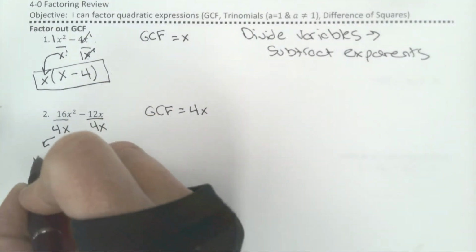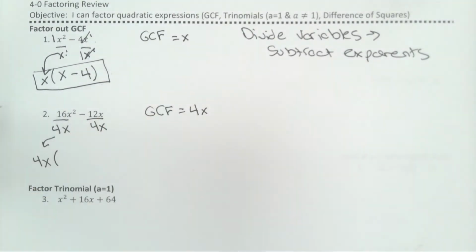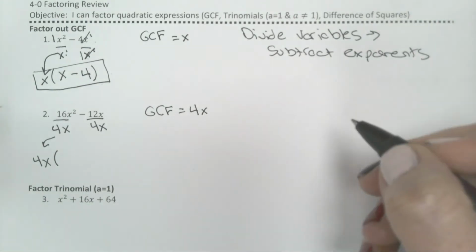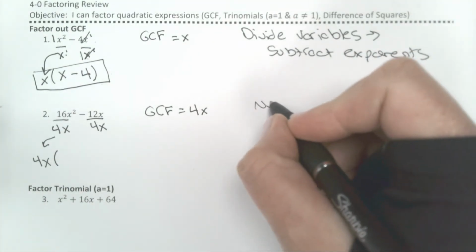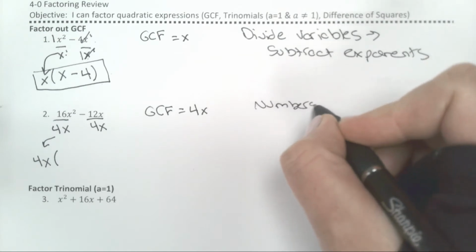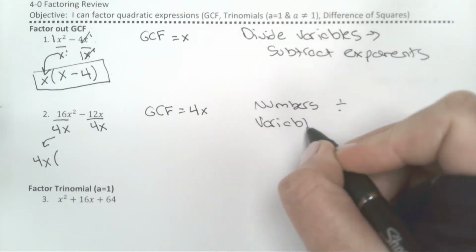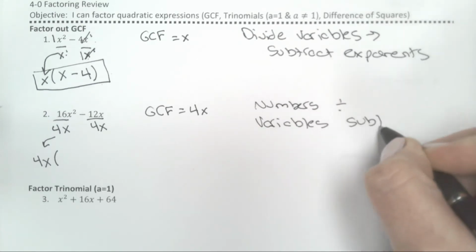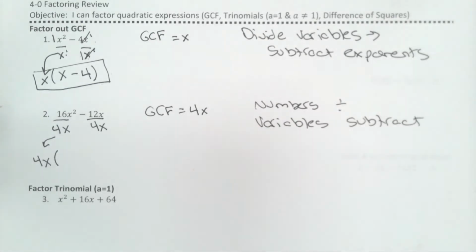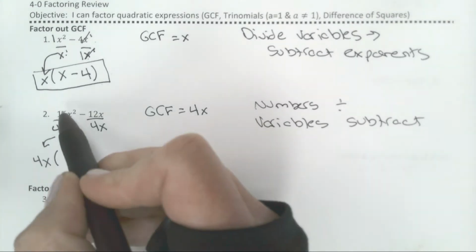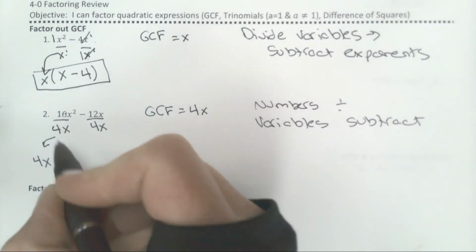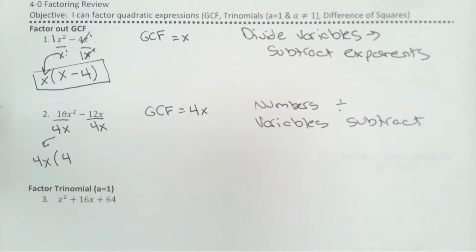So you have to bring your GCF down in front. And now we're going to divide. You have to remember that numbers divide and your variables subtract. So 16 divided by 4 is 4.